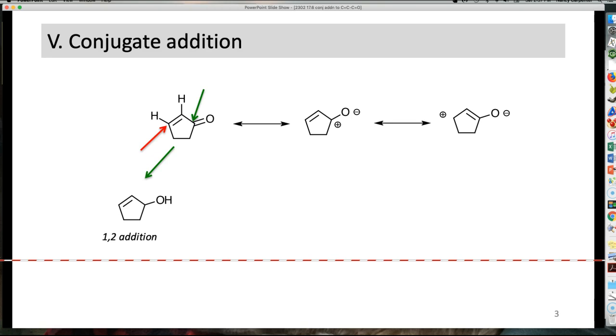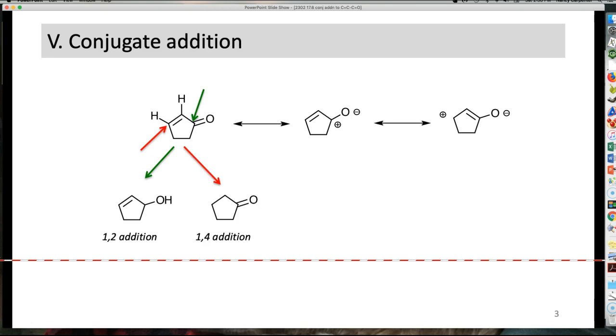If say the nucleophile is H- and it attacks at the normal carbonyl, the one we've seen all along, right at the base of the CO double bond, well, that's 1,2 addition, and of course we get the alcohol. The alkene is left alone. But it's certainly possible that your nucleophile could attack at the red position as well.